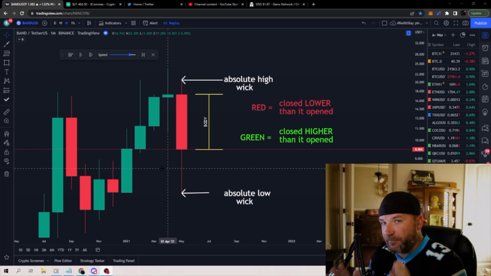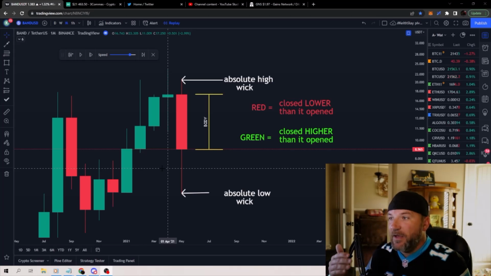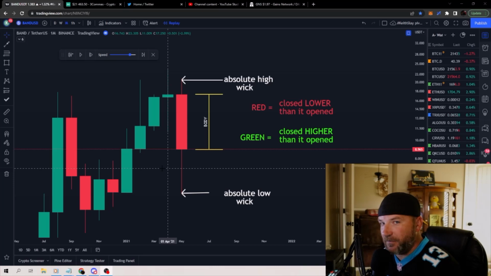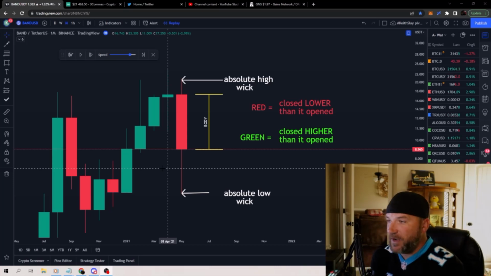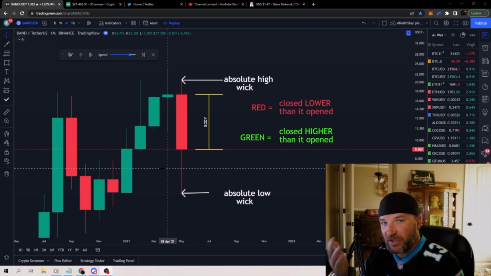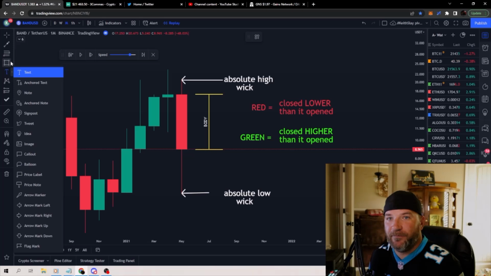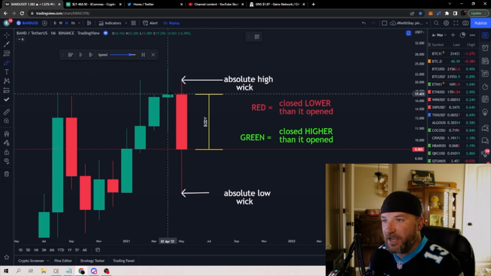Now, what about the rest of it? This is important first to understand. This was the opening and the closing. Particularly, this candle is red. Why is it red? Well, as you see right there in the writing, when the candle is red, that means it closed lower than it opened. By that I mean, I'll draw on the chart here for you. You can see, right here is where this candle started.